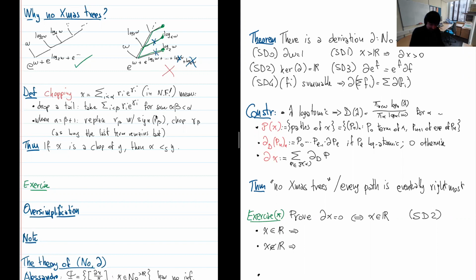So now you have to remember surreal numbers are these binary sequences of pluses and minuses. The surreal number is getting shorter, it's losing pieces when you do this. And in particular, you can't chop infinitely many times.